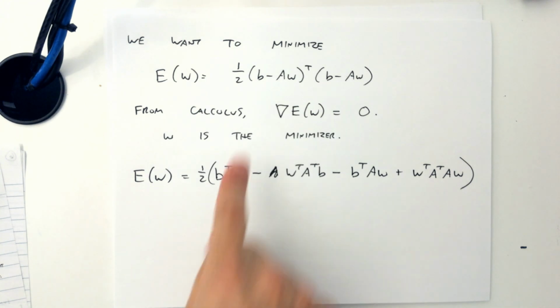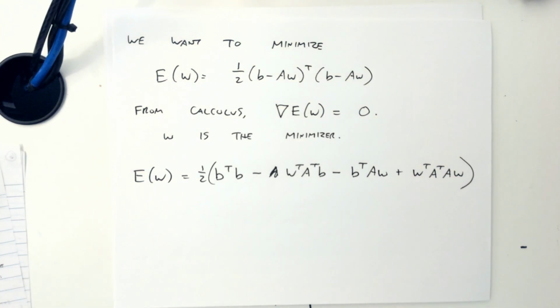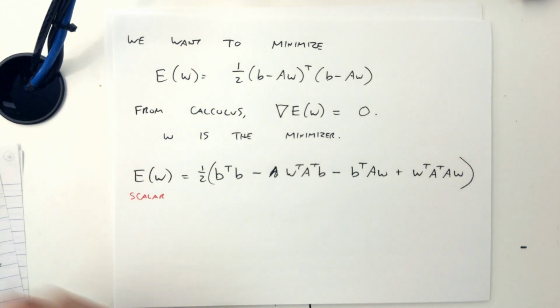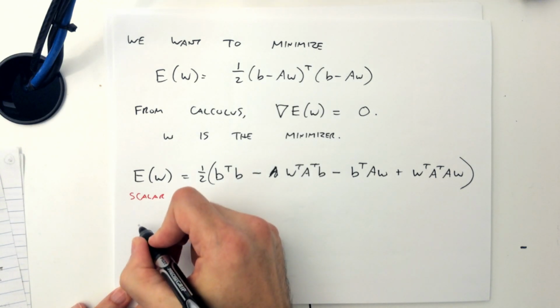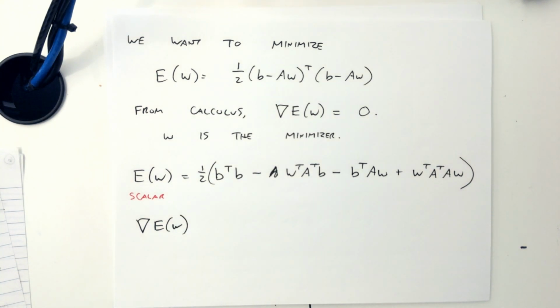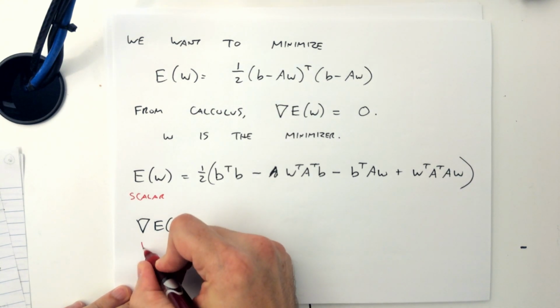All I'm doing is taking these 4 terms and making sure that when I transpose something, I've got the transpose in the right direction. This is pretty straightforward. Now this is a scalar, meaning a single number, and I want to take the gradient. The gradient is a vector, because I have all these parameters.